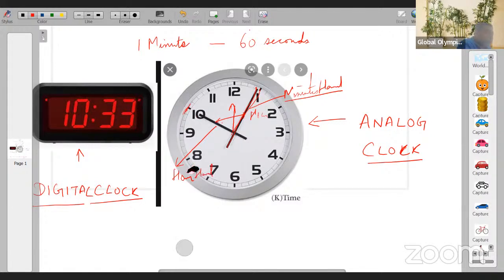Okay, the second hand is not shown here. So let's say this is the second hand. I am drawing a second hand here. Once it takes a whole round and comes back here, the minute hand moves only from here to here.